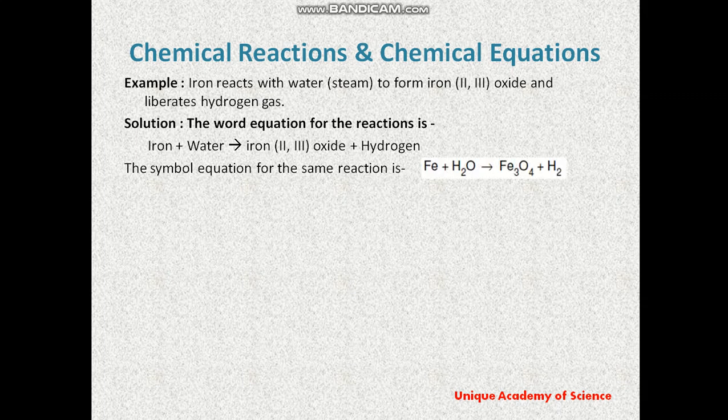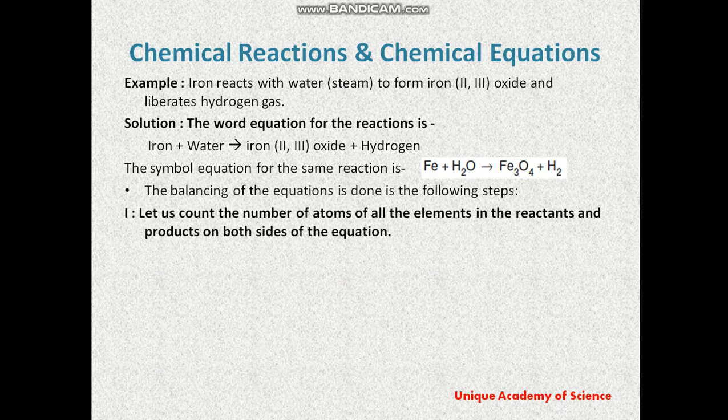Now converting into a symbol equation: iron means Fe plus water means H2O, and it gives iron 2,3 oxide, which is Fe3O4, plus hydrogen gas. So it is converted into a symbol equation from the word equation.